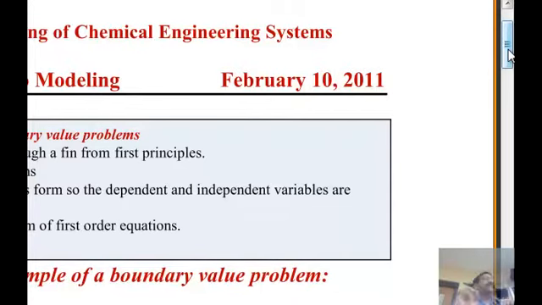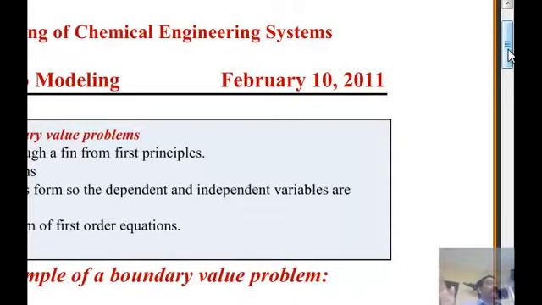And you should understand why it is called the boundary value type, because a second order equation will need 2 conditions. If both conditions are given at the same location, typically t equal to 0, and t is the independent variable, then you get an initial value problem. And we have seen how to solve that in the previous 2 lectures. This week we are focusing on boundary value problems.